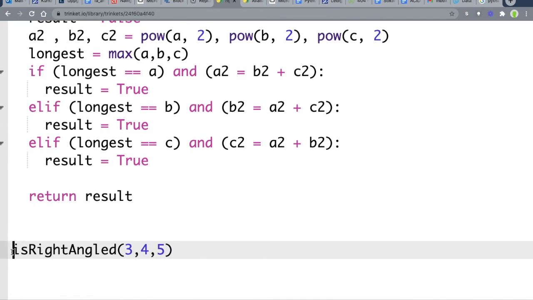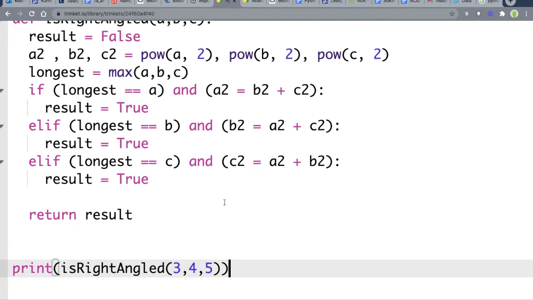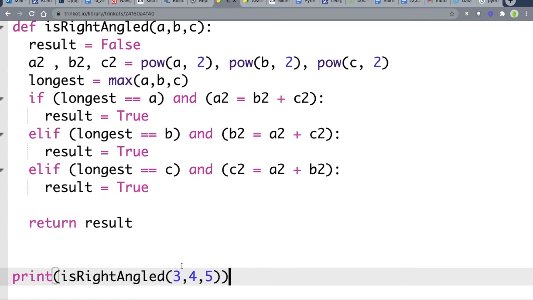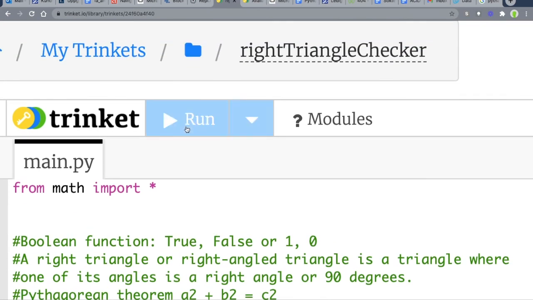So we have to print it in order to be able to see the result. So now I print it and see whether a triangle having the sides of length 3, 4, and 5 is a right triangle or not. I know it is a right triangle, but let's see if it gives the correct result.